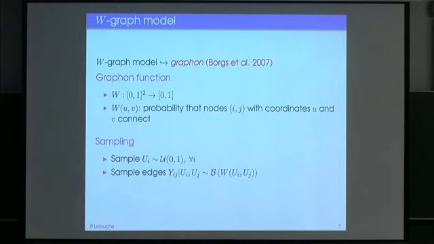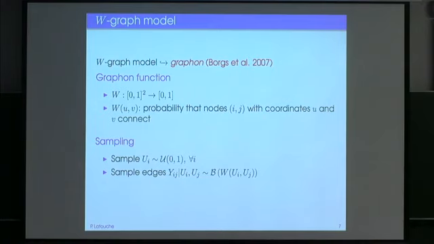W(u,v) is the probability that two nodes, i and j, with respective coordinates u and v, connect. So that's their probability to connect. But the core of the model is very similar to the stochastic block model. You sample some latent variables, and then knowing the latent variables, you use some kind of pairwise information, and then you sample edges.